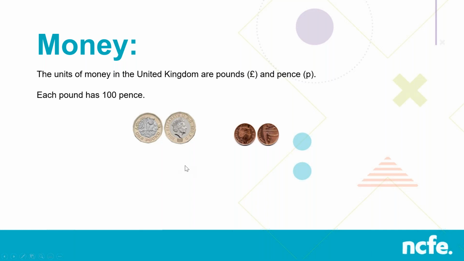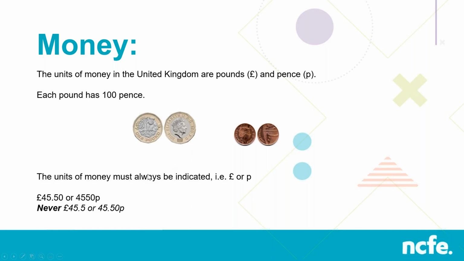The units of money must always be indicated. For instance, a pound sign or p for pence. So you might write £45.50. That's the same as 4,550 pennies, but you would never write £45.5.